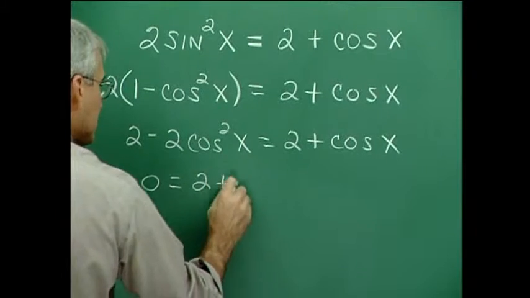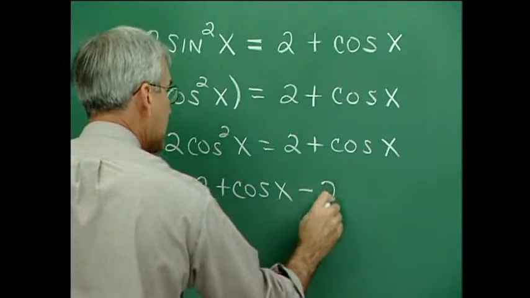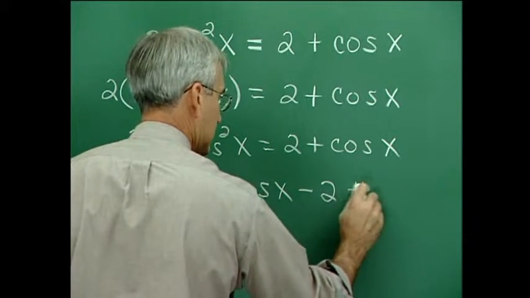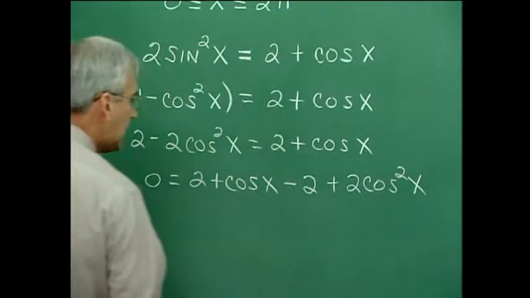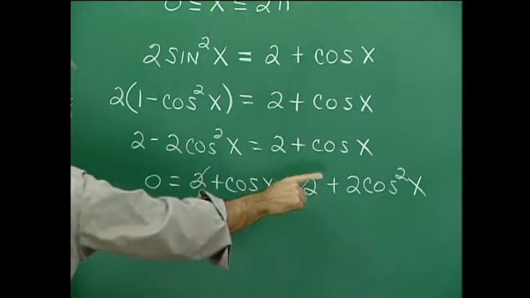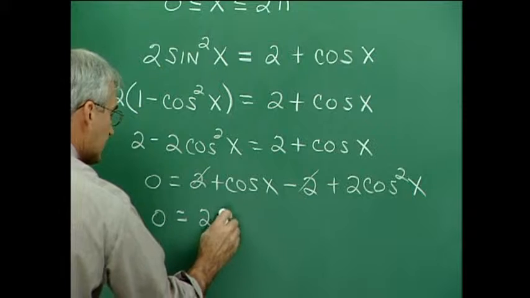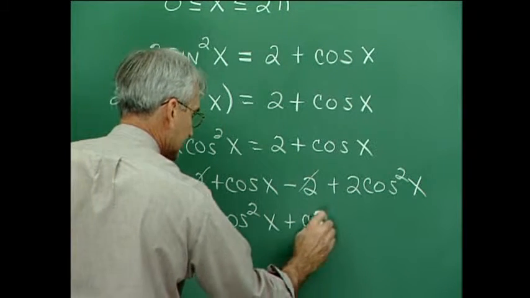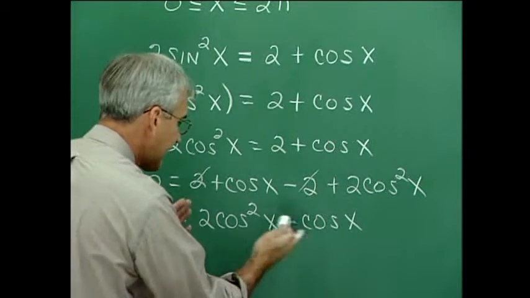I've got 2 plus cosine x over there right now, and I'll subtract 2 on both sides, and I'll add 2 cosine squared x. And now I'll clean up a bit. I see 2 minus 2, they go out. That's nice. And I'll write the second degree term first. And now my strategy would be to factor here.